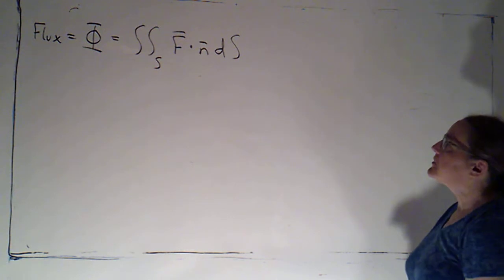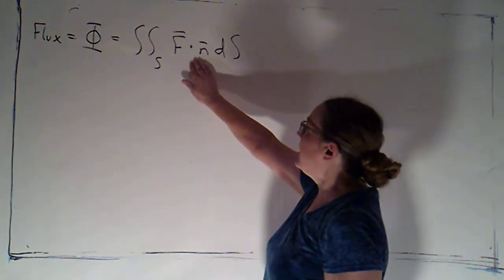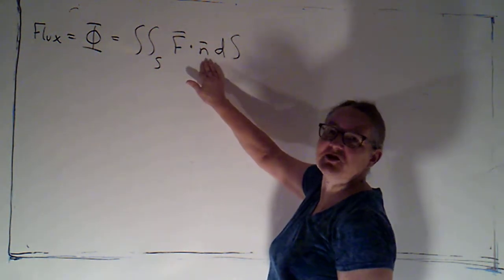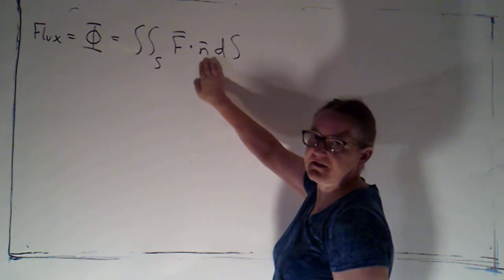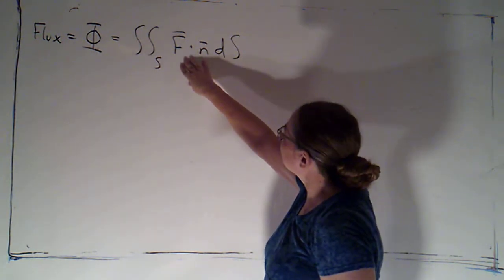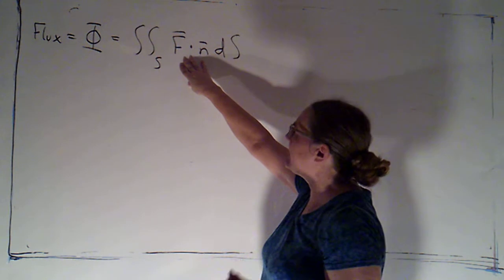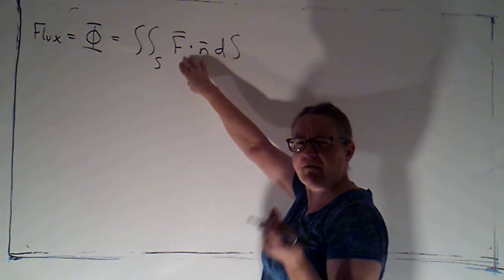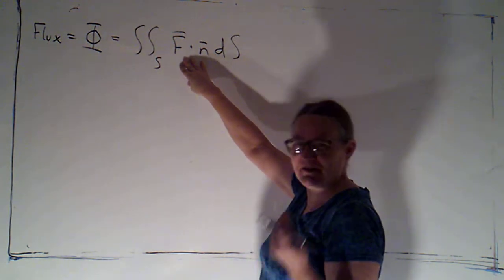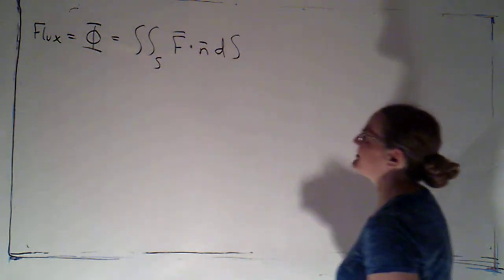So I'm basically integrating the component of that vector field that's normal to the surface. That's a little bit of a misnomer. I'm not integrating that component because that would still be a vector. I'm integrating the signed magnitude of that component.